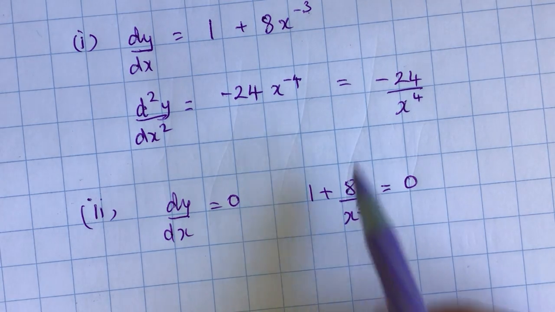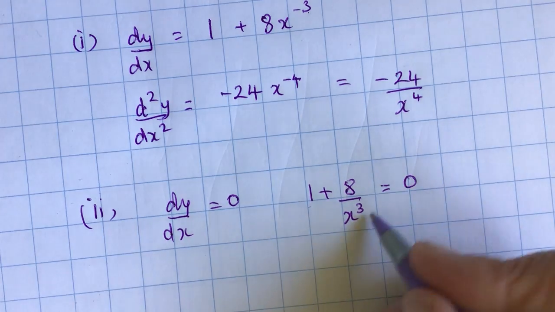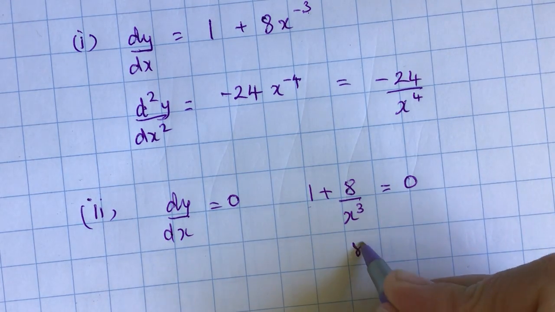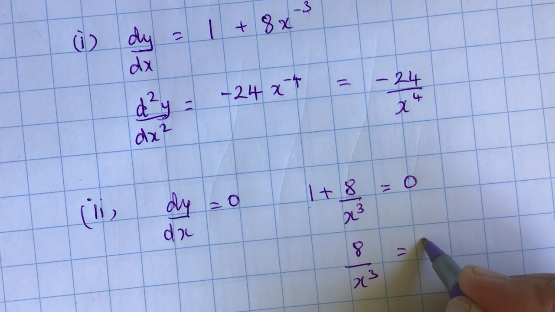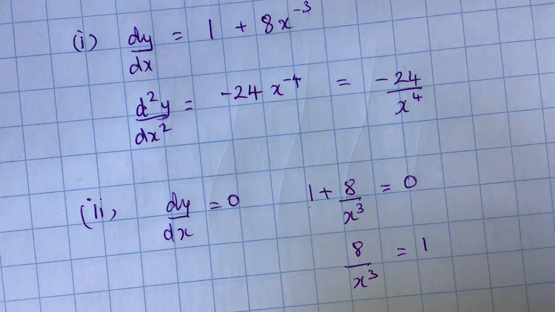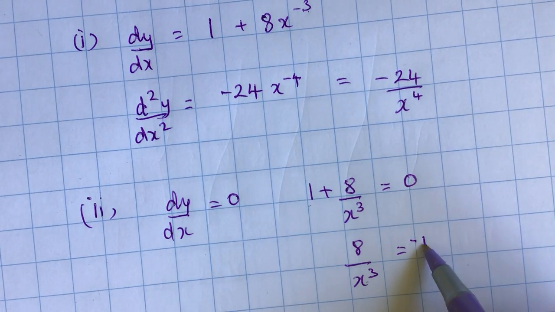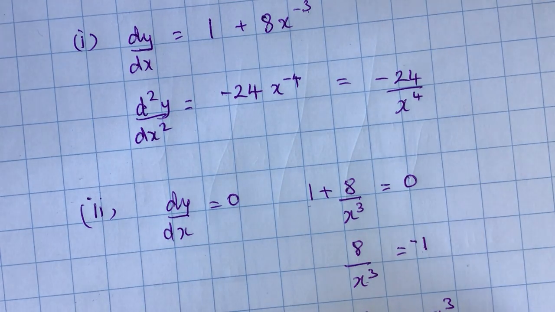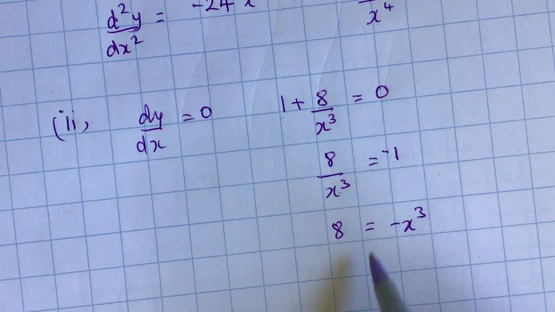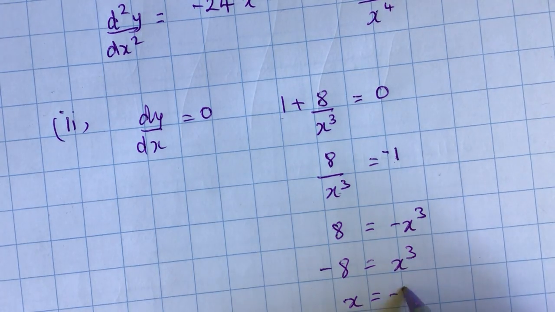I'm then going to move the 1 to the other side, and multiply this up. Actually, it's easier if the minus is on the other side. So minus 8 equals x cubed, so that x equals minus 2.